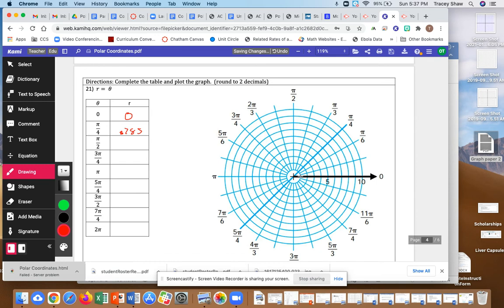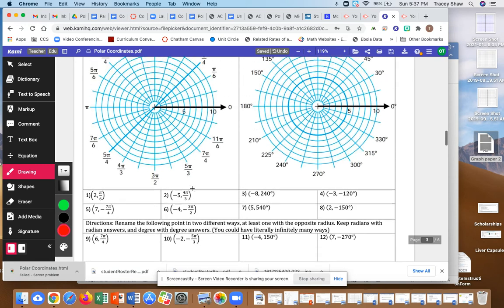So pi over 4, if I let each circle count as 1 like I did earlier, 0.785 might be somewhere in there. Pi over 2 we said was 1.571, so 1 and a little bit more than a half. And you're going to get the same kind of shape, but this is actually taking you all the way through to 2 pi.